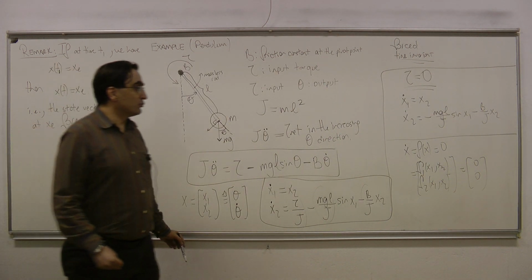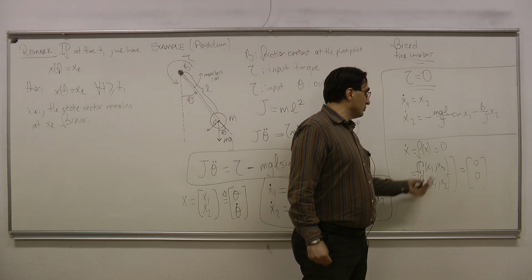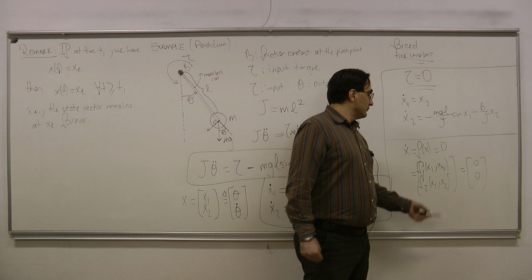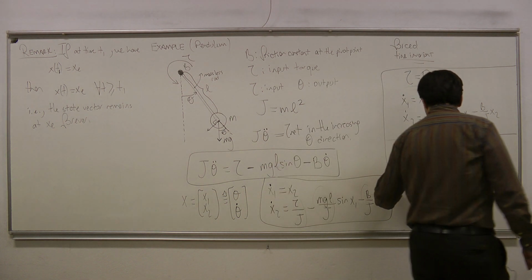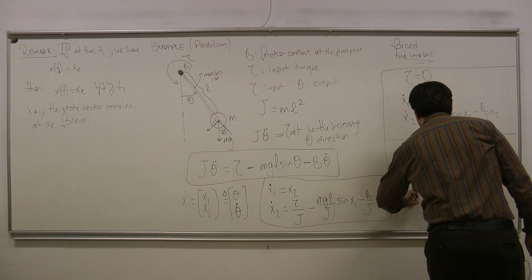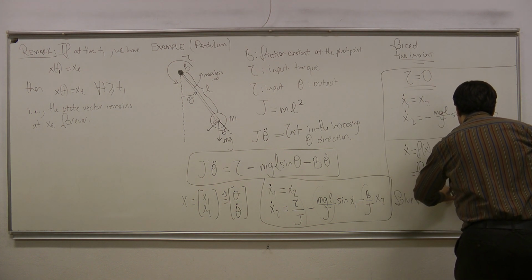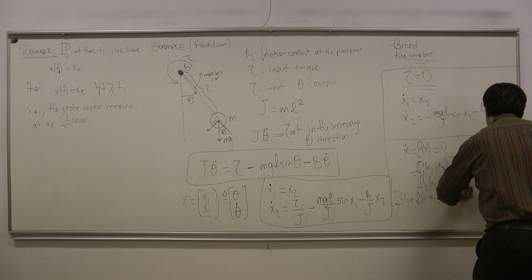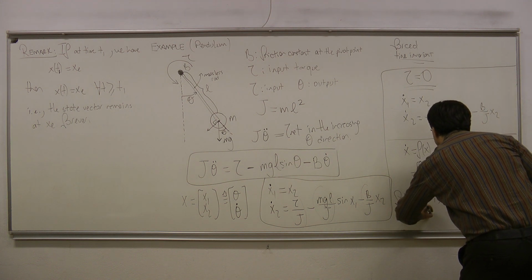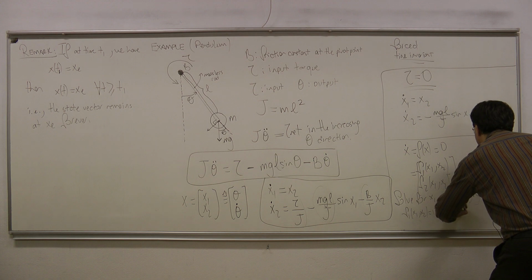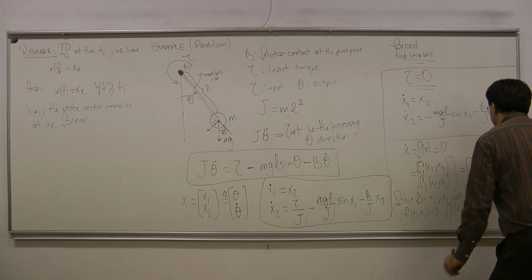And now I need to solve x1 and x2 values for which both of these equations are satisfied. Solve for x1 and x2 satisfying f1 of x1, x2 equals to 0, f2 of x1, x2 equals to 0.